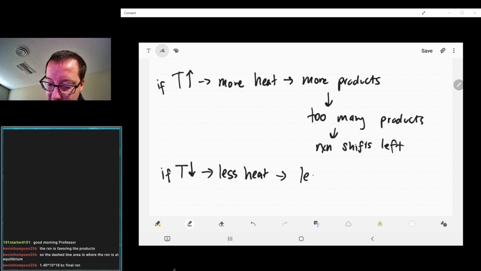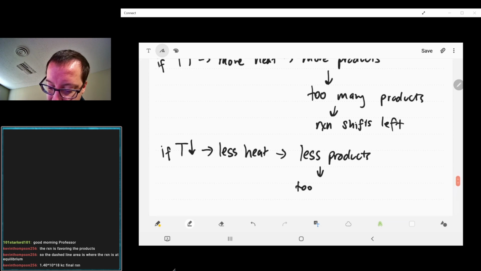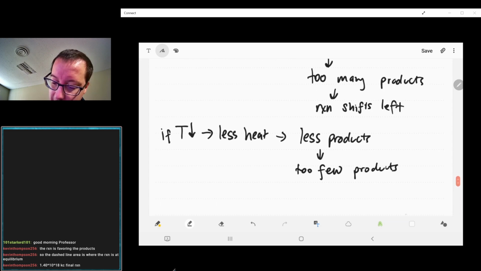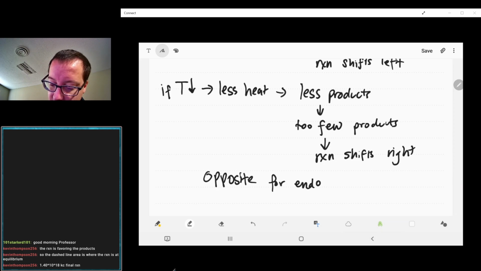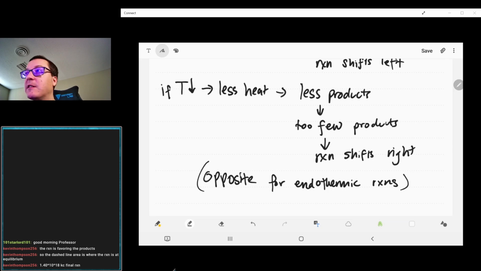That means we have less product. That means we have too few products. And your reaction shifts right. And notice it's just going to be the opposite for endothermic reaction.